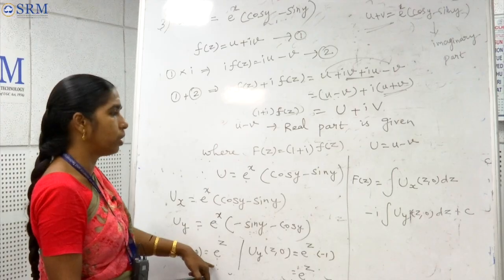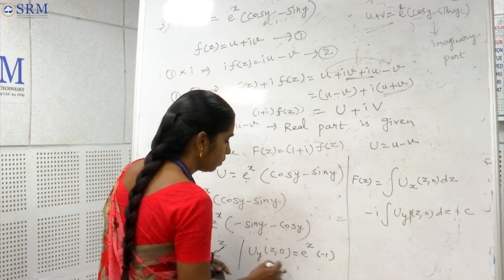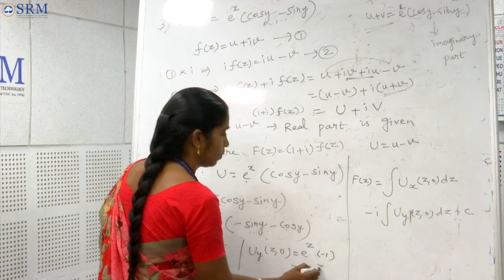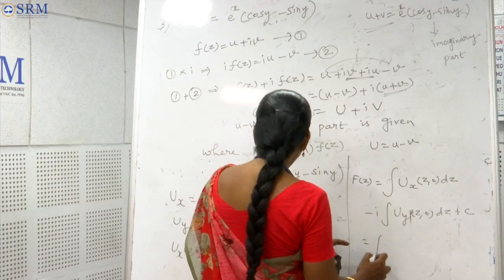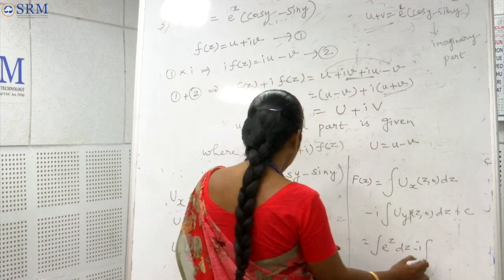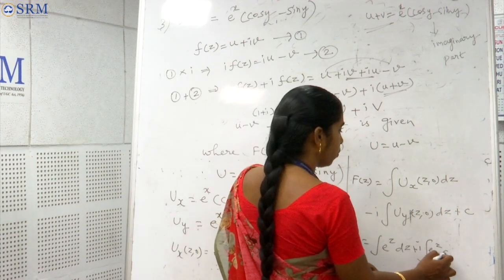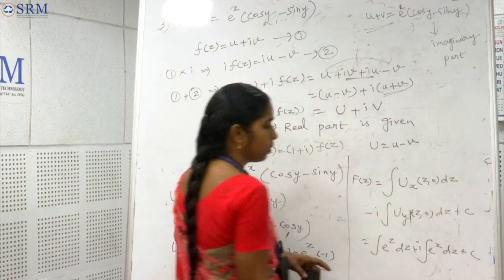Here I converted it using the capital letter notation. Ux(z, 0) is e power z, and Uy(z, 0) is minus e power z. So the integral of e power z dz minus i times (minus e power z) dz, minus into minus gives plus, so plus e power z dz plus c.